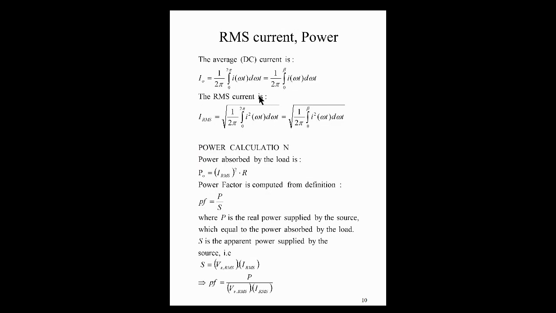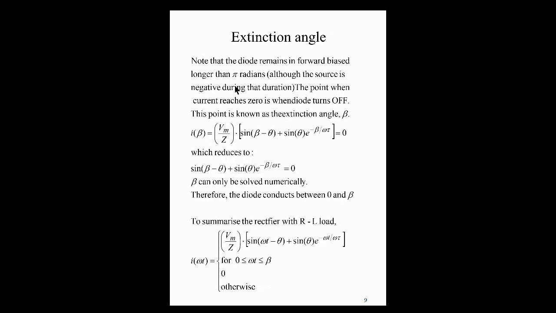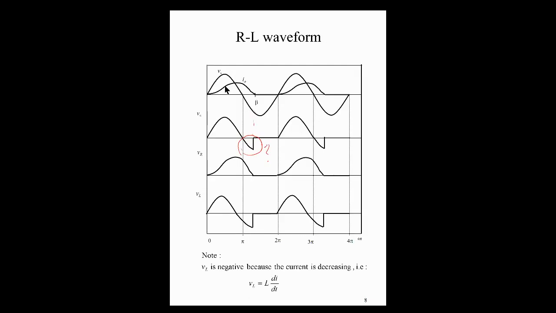All right, we can find things like RMS current and the power. We look at RMS, the concept is not different, it's very similar. If we're going to look at the average DC current, and go back to the waveform, what's the average current here?